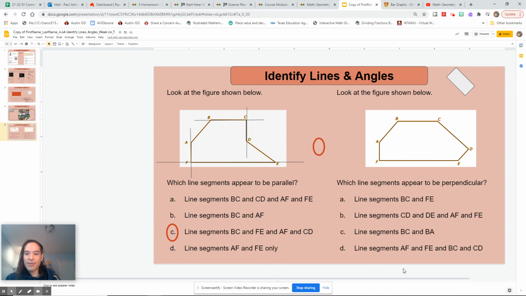So do we have one that says ED, DC, AF, FE? We do. B represents both spots, with CD, DE, and with AF, FE. And those are our two 90-degree angles. So that should get you to the end of this one.